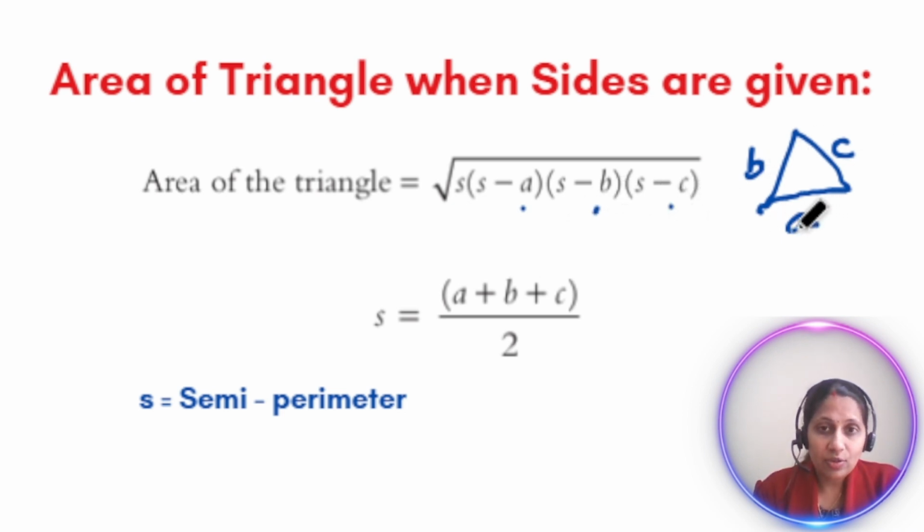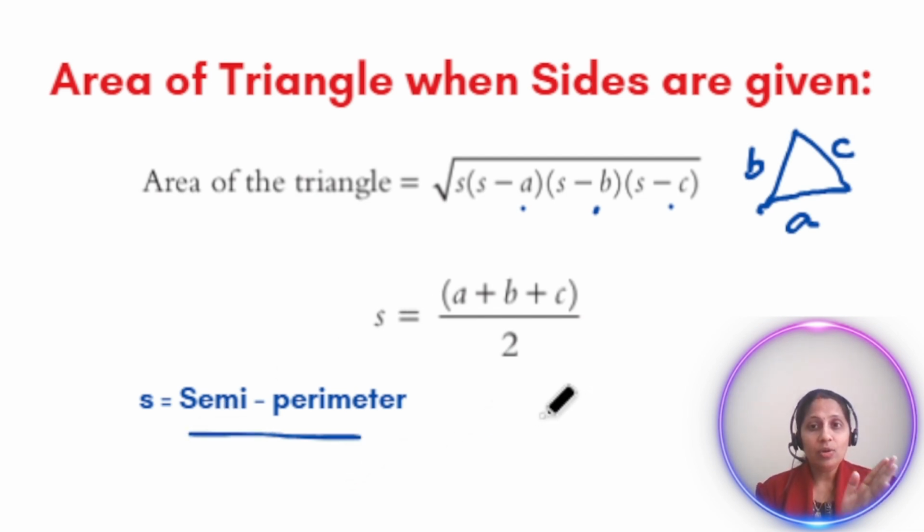These are the three sides of the triangle. And what is S? S is nothing but the semi-perimeter. Perimeter, we all know, is adding up three sides. And half of it is the semi-perimeter. So find the semi-perimeter S and substitute in this formula to find the area of a triangle when the sides are given. Clear? This is very important. Note it down and don't forget to revise it whenever needed.